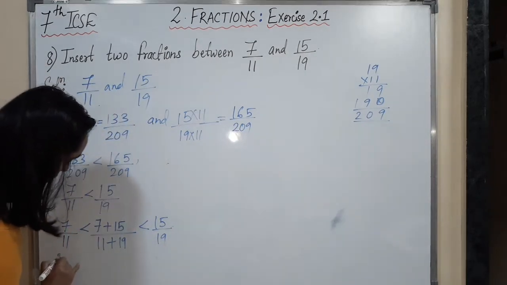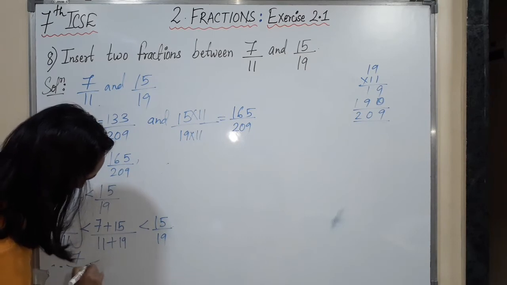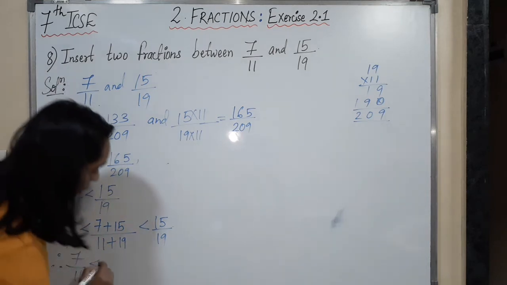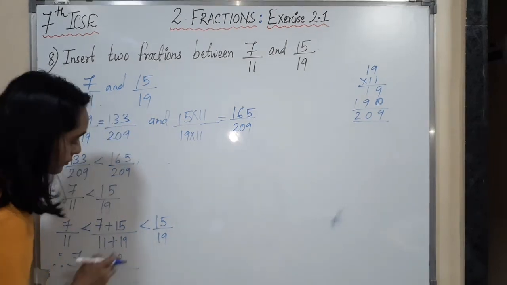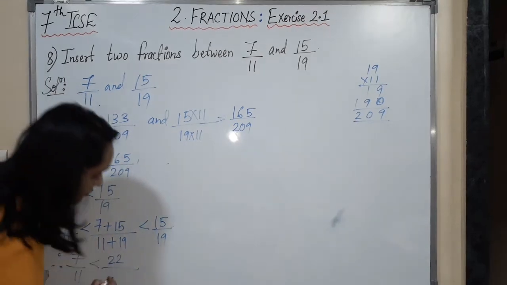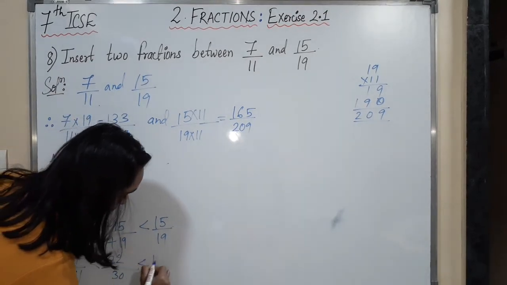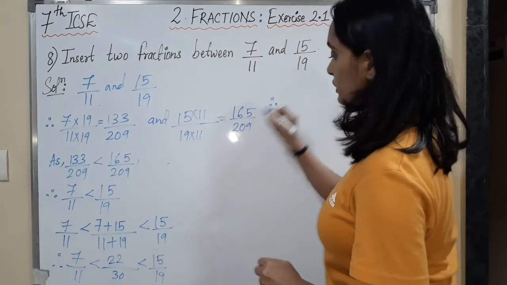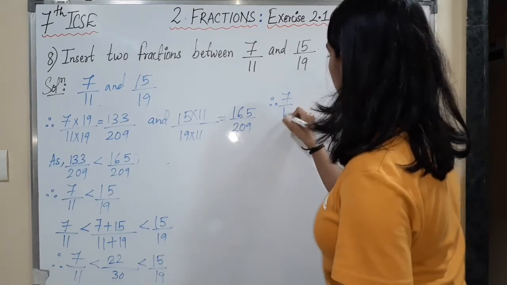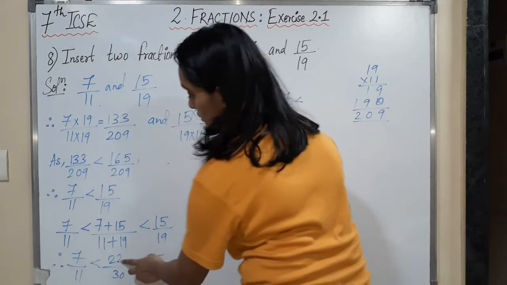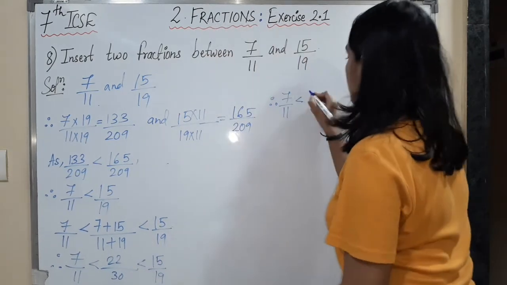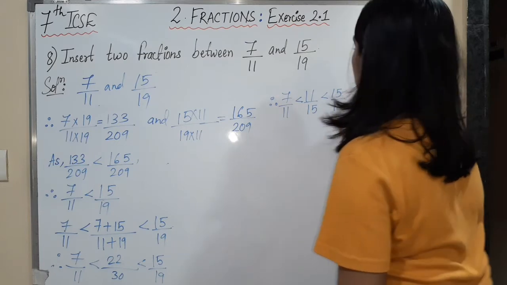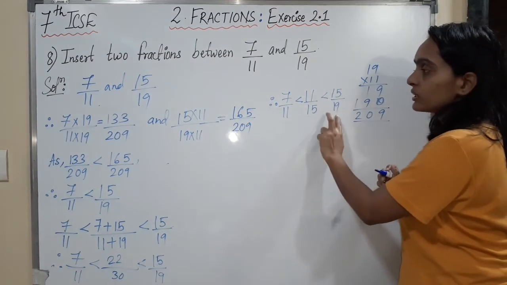So 7 upon 11 is less than 22 upon 30, and we can reduce this fraction, so you will get 11 upon 15 is less than 15 upon 19. This is the first fraction between the given two fractions.